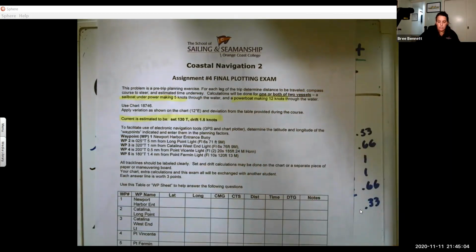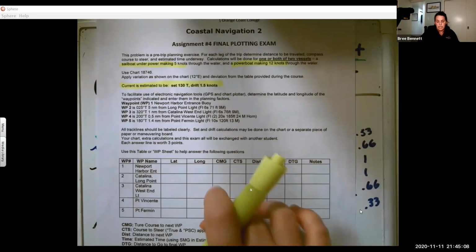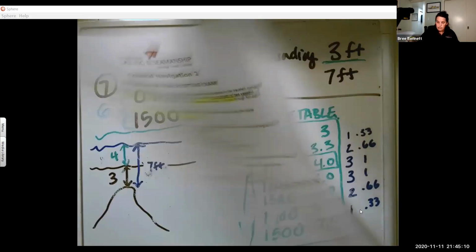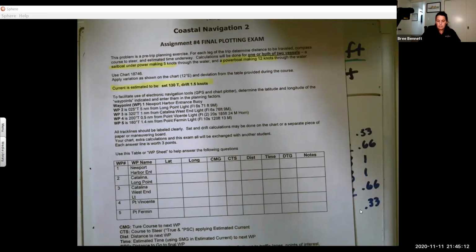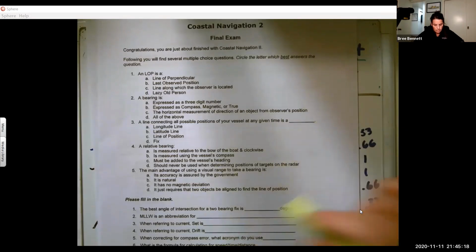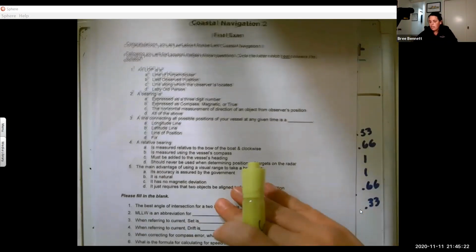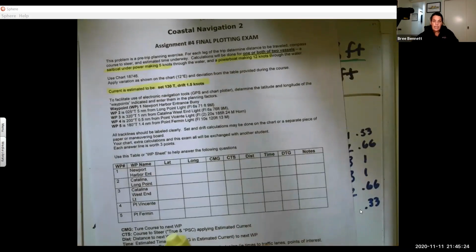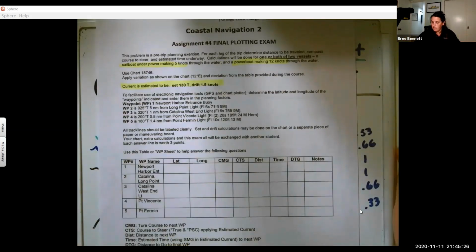You decide which one you're on, and then create the voyage plan. And then we have a little bit of a quiz. We'll go over this next week, but definitely try to work on that this week sometime.